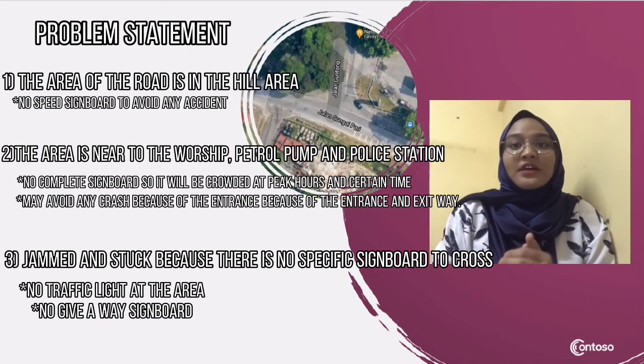Next, traffic congestion can increase vehicle emission and reduce ambient air quality. Furthermore, by adding a speed signboard, it can avoid any crash because of over limit speed in the area.